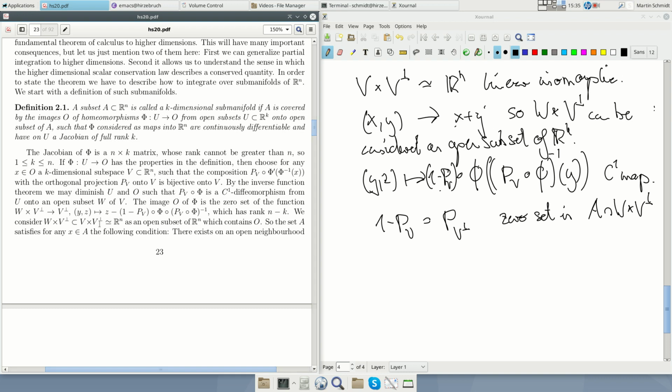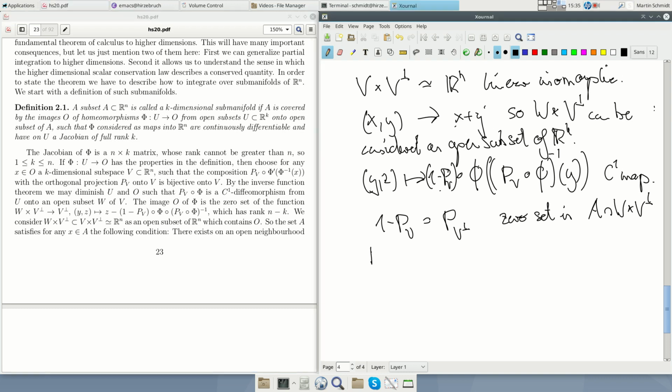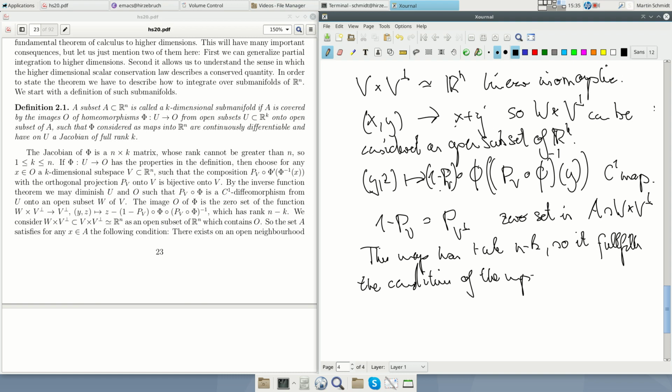So it clearly has rank n minus k, and this map fulfills the conditions of the implicit function theorem.